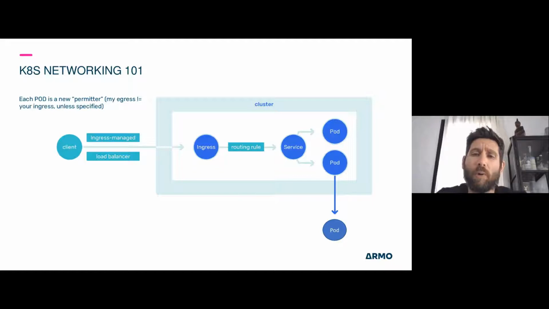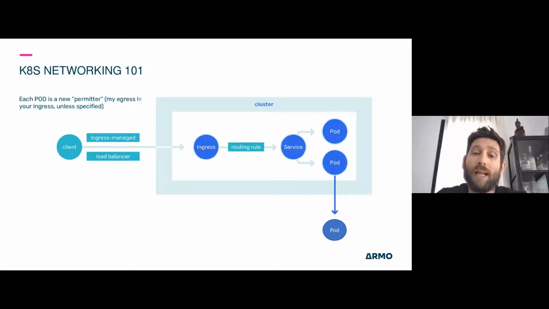Something which is very important to our discussion is that when you have two pods communicating one with the other, if you define in one pod that it can talk to the other pod, or as it's said in Kubernetes, you define one pod to egress to another pod, it doesn't mean that the other pod knows that it needs to get ingress traffic from the first pod.